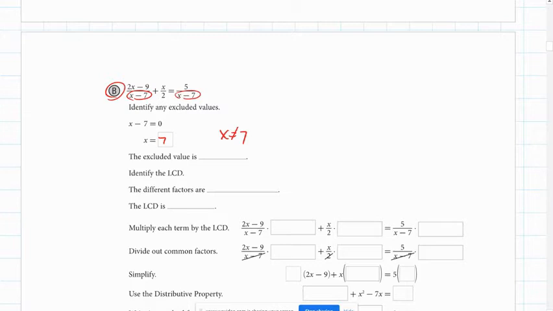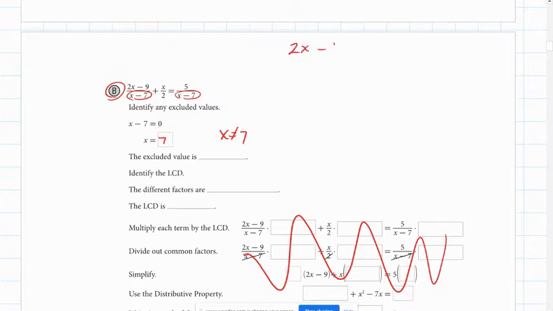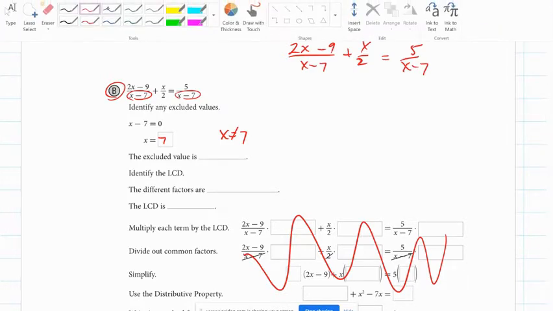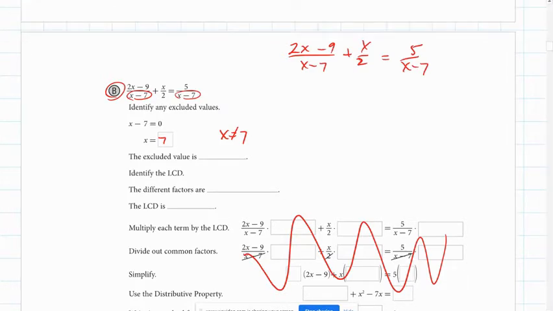And so then the process for solving this, I'm not going to try to fill in these blanks. I'm just going to work it out from scratch up here. So we have 2x minus 9 over x minus 7 plus x over 2 equals 5 over x minus 7. I want to multiply by all the denominators that I see. They're all factored already, so I want to multiply each side by 2 and x minus 7.